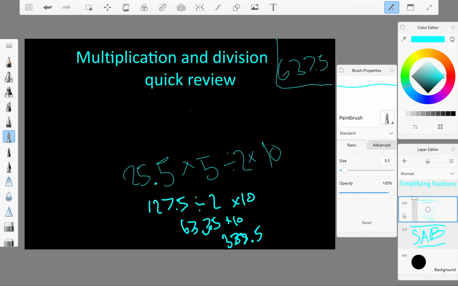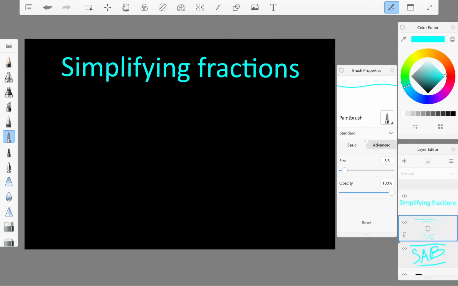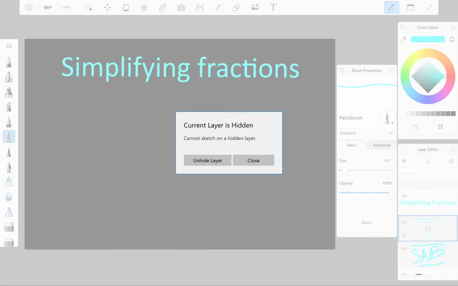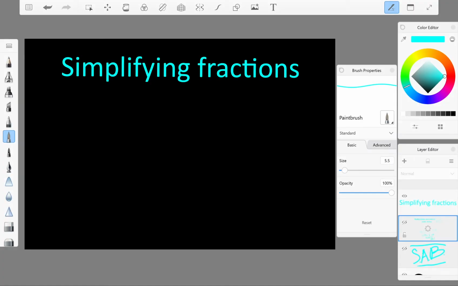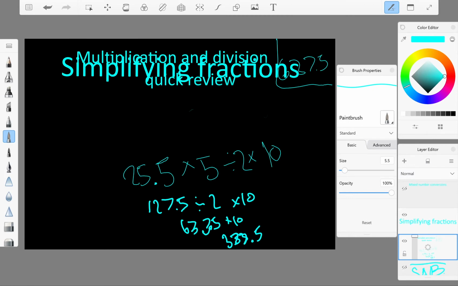Okay, can get rid of that. Okay, simplifying fractions. Oh, I hate when it does this. Hide the layer. That's not the layer I want to be writing on, though.